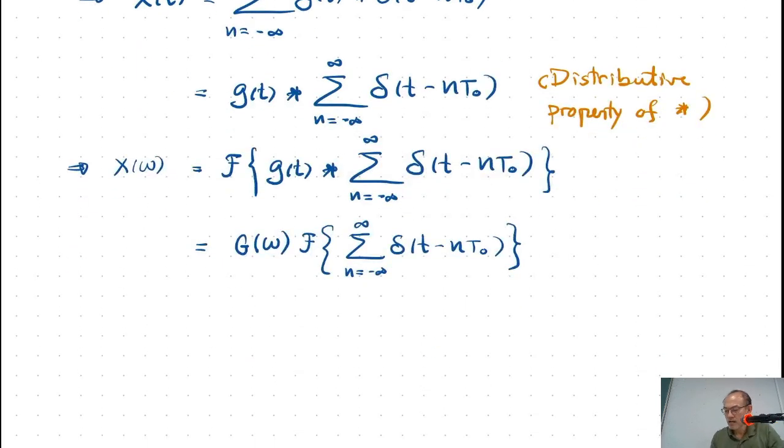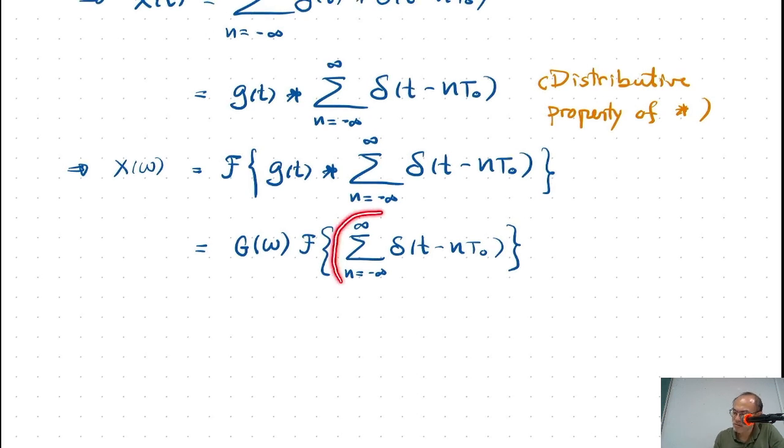Now here comes the most difficult thing. We have to determine what this guy is. There are two ways to do it. The first way is to take the Fourier transform operator inside of the series.